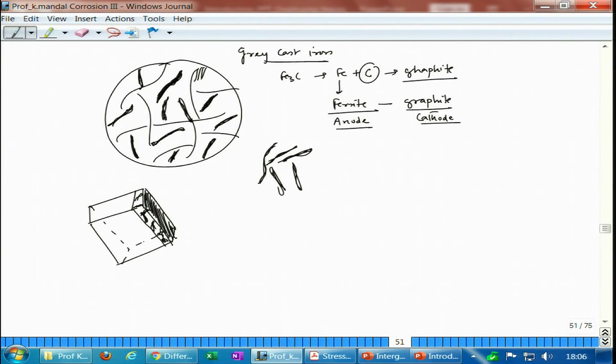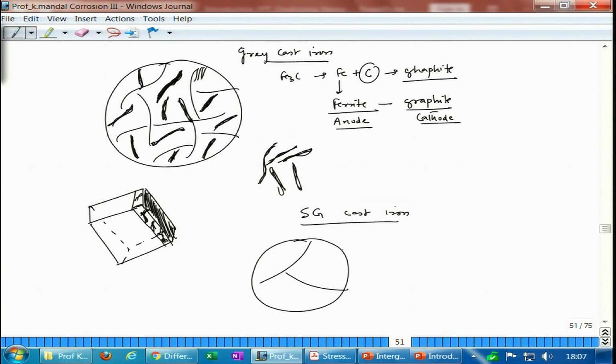Now, if you take a spheroidal cast iron, SG cast iron, a similar effect can happen. There the microstructure is a ferritic matrix, or a little bit of pearlite is also there, and the graphites are in the form of spheroids.